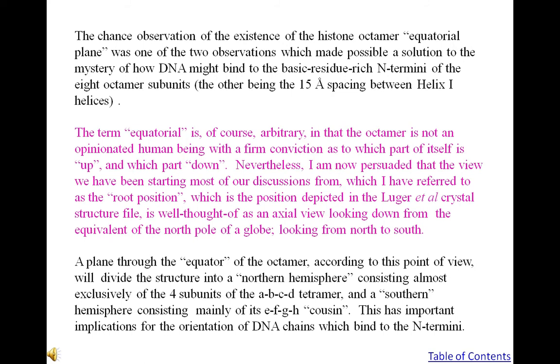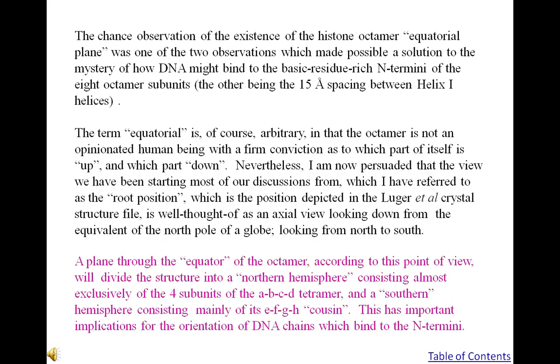Nevertheless, I am now persuaded that the view we have been starting most of our discussions from, which I have referred to as the root position, which is the position depicted in the Luger et al. crystal structure file, is well thought of as an axial view looking down from the equivalent of the north pole of a globe, looking from north to south.